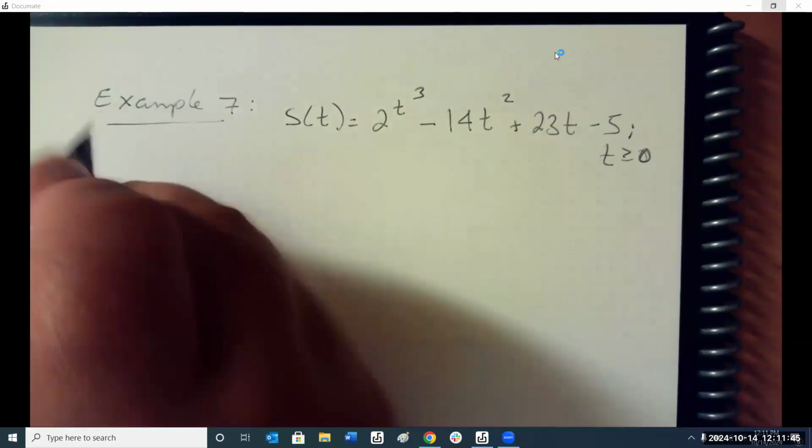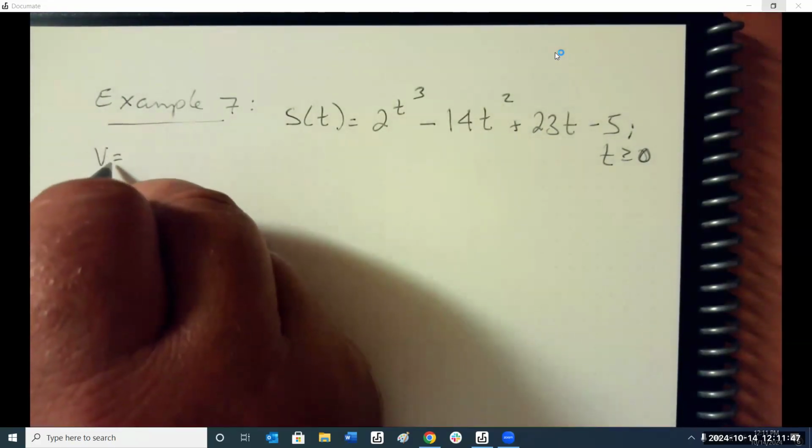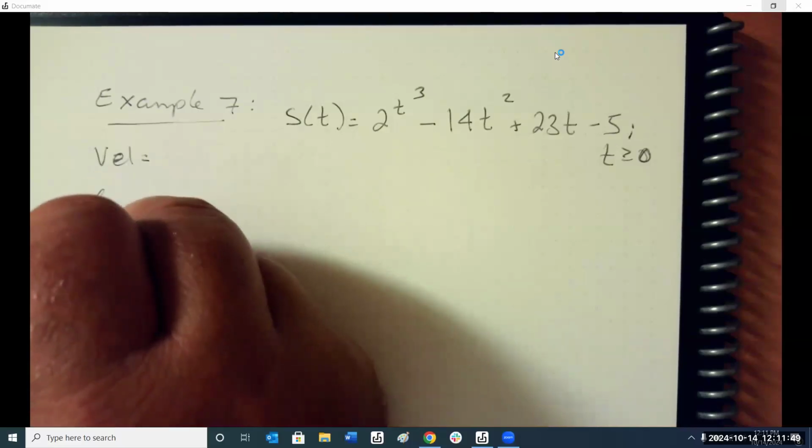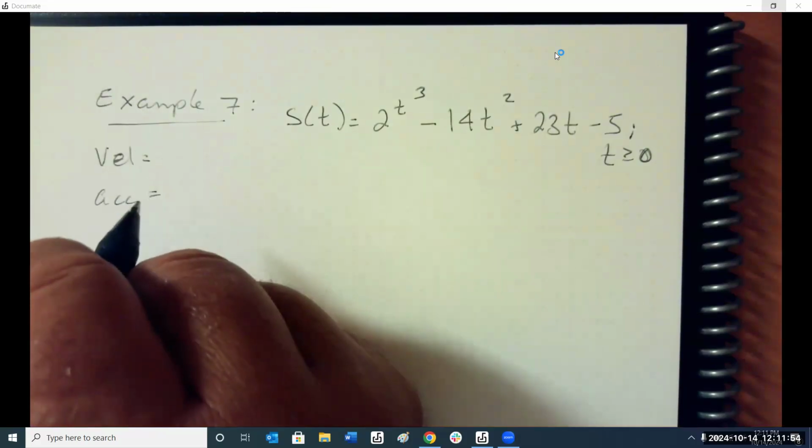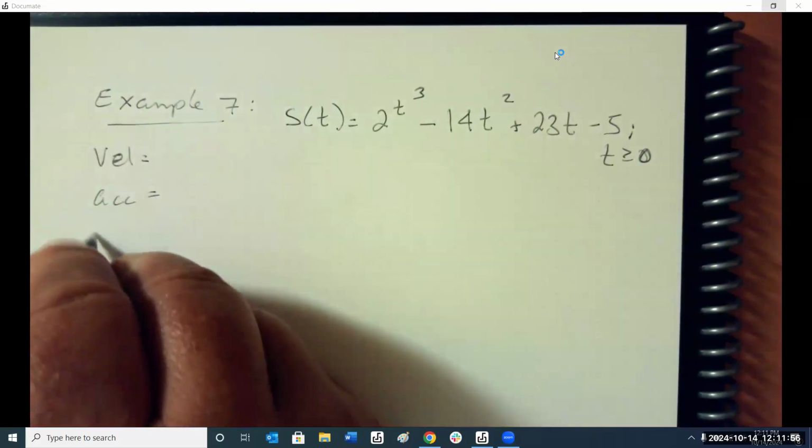It's asking to find the velocity, the acceleration, and the motion.